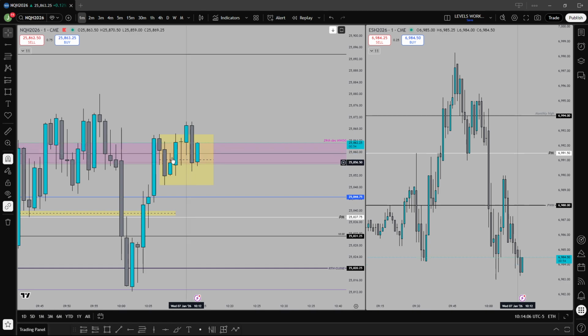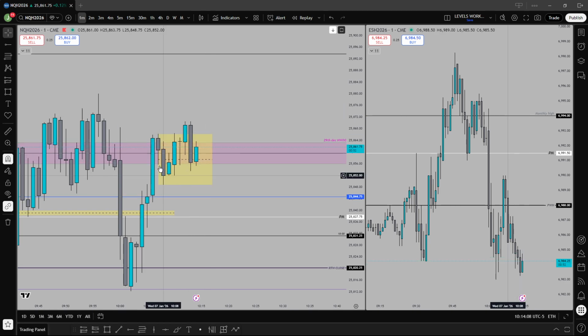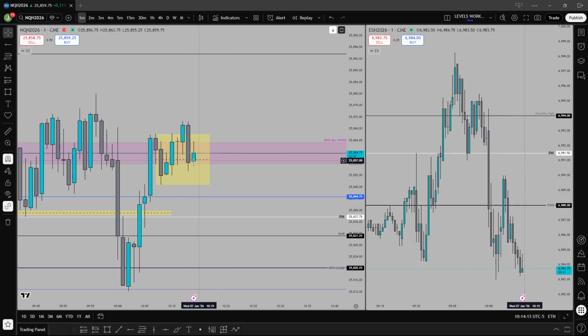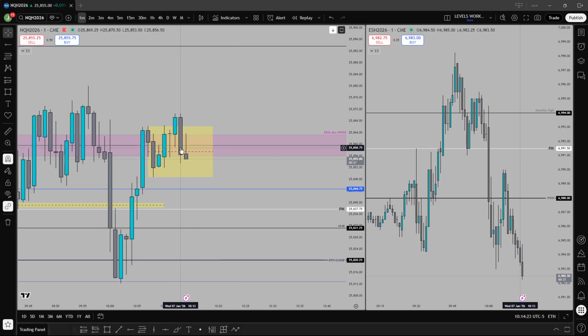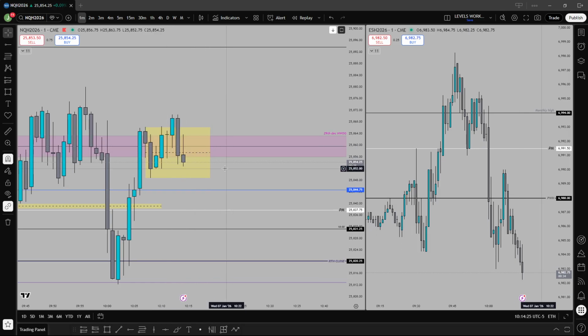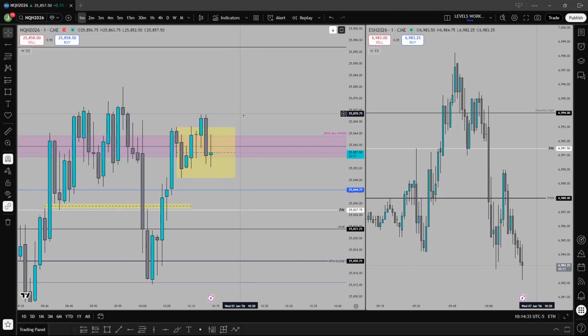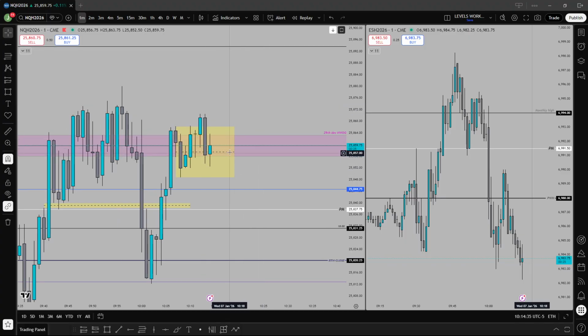This is a little problematic, but we are still in the range of this order block, so it's okay. Although I don't want it closing anything below this mean threshold of the order block. So if we were in a trade, then this would be our stop loss, and if price comes here and takes us out, it's okay. It's not a problem. We are still respecting the new week opening gap.